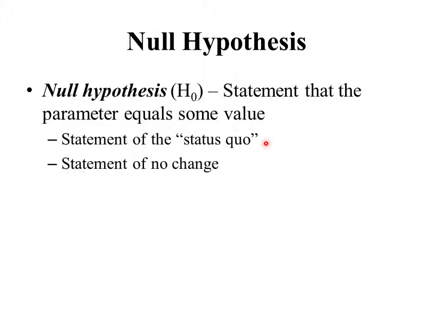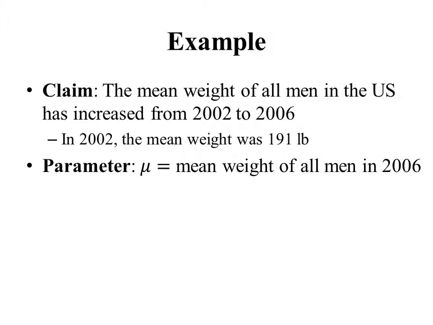We could think of this null hypothesis as a statement of the status quo, or a statement of what we might expect to be true in the absence of any data. Or stated another way, we could think of the null hypothesis as a statement of no change. In this particular example, we're claiming that there is a change, but the null hypothesis is a statement of no change.